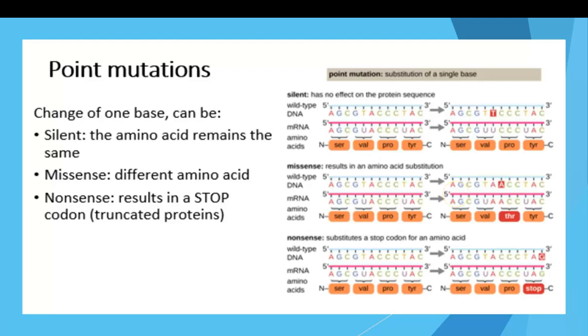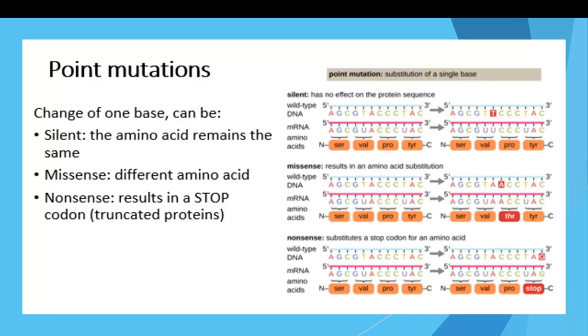We have missense mutation. This is when one nucleotide changes on the DNA, which can cause a different amino acid to be replaced with the original amino acid.